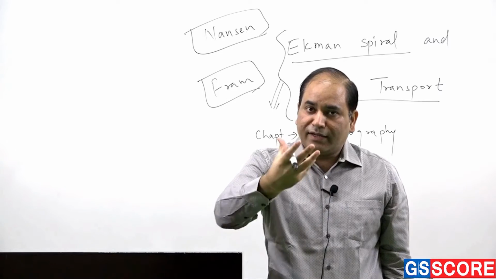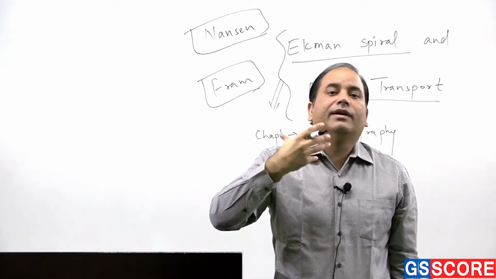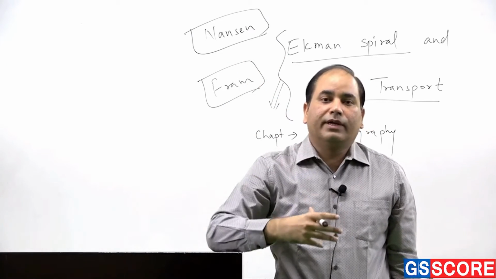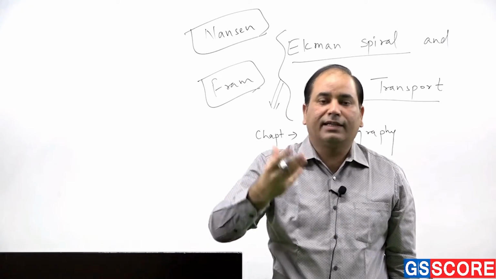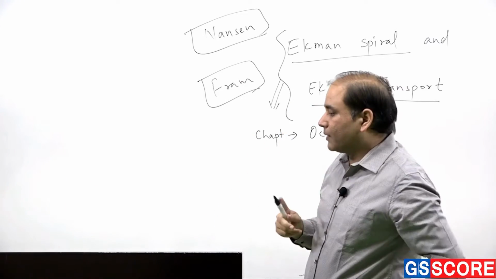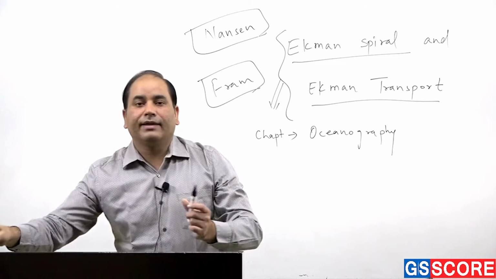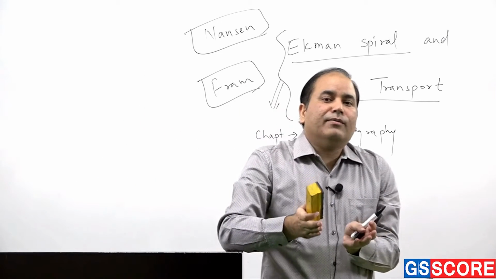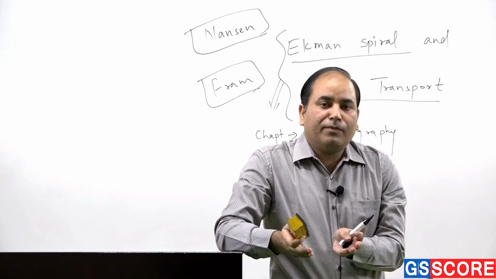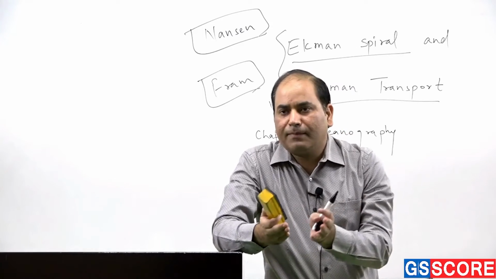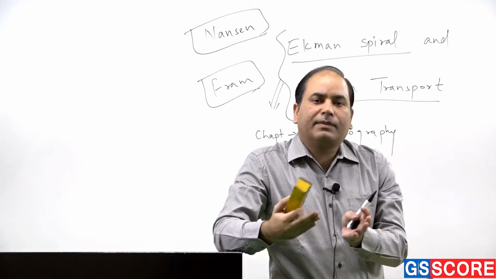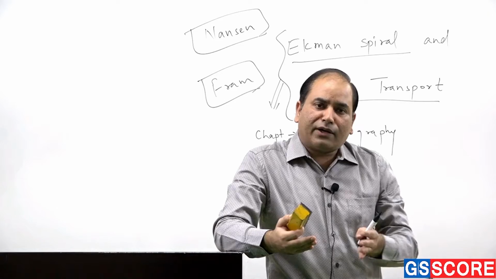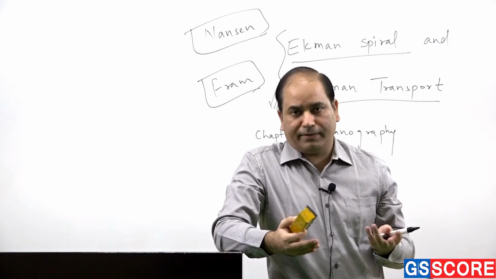That was a complex question posed to the scientists: why are the objects present on the upper surface of the oceanic water not following the direction of the wind?